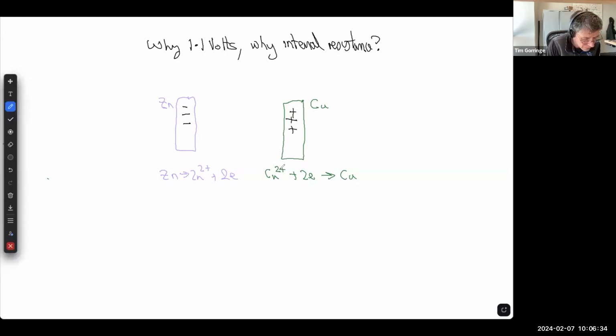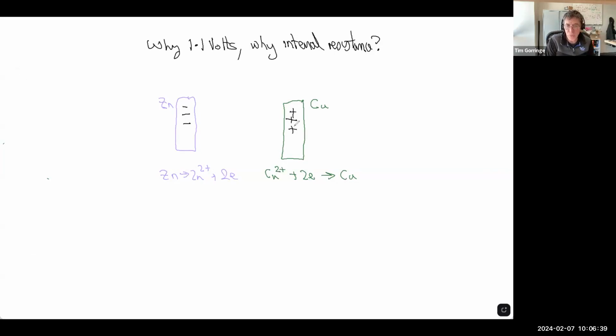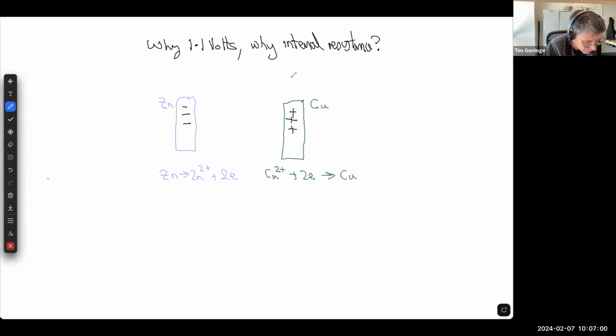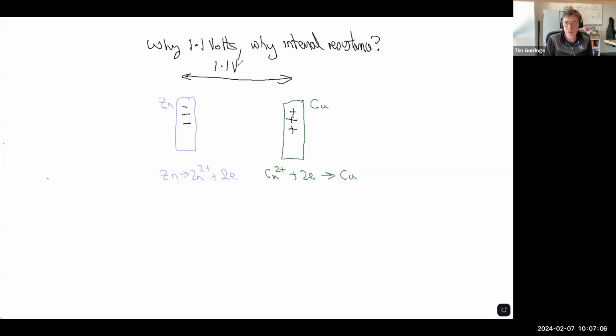And likewise for the copper ions, as the copper electrode becomes more and more positive, this reaction becomes at some point not favorable, not energetically favorable. It costs too much energy to add the positive copper ion to the positive electrode. At that point, you establish this 1.1 volts between the two electrodes.